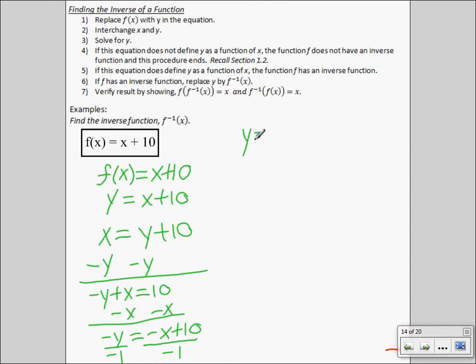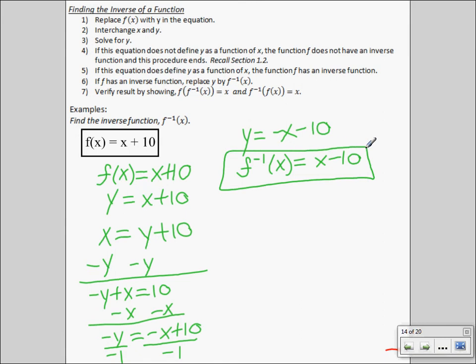So you're going to be left with y equals x minus 10. Okay, so it looks like that will be the inverse, so now we can replace y with f inverse of x equals x minus 10.